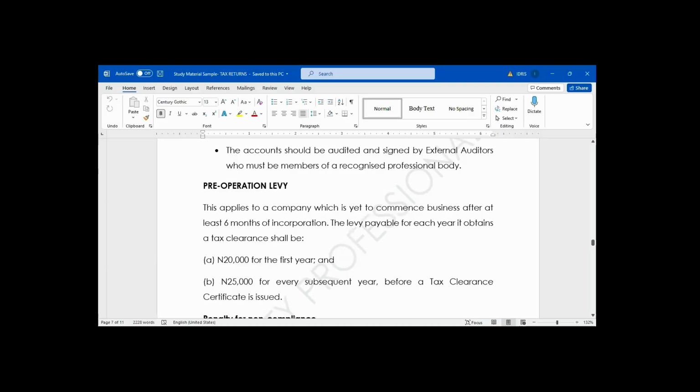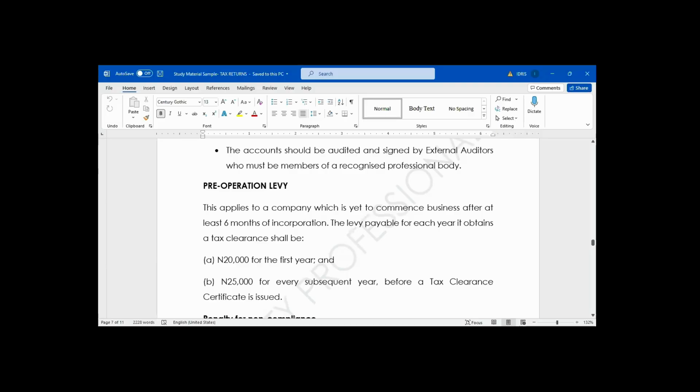But every year, the law requires that you should be paying pre-operation levy. For the first year, being a new company, you will pay 20,000. But for each subsequent year, you will pay 25,000.